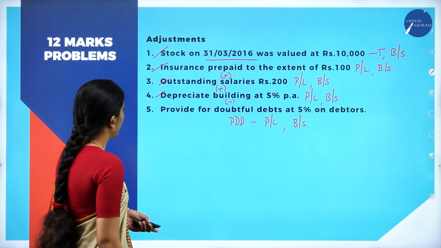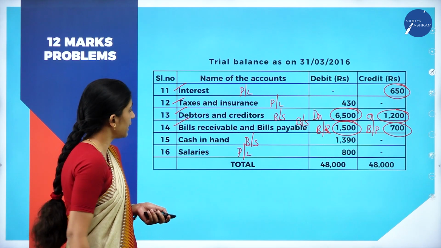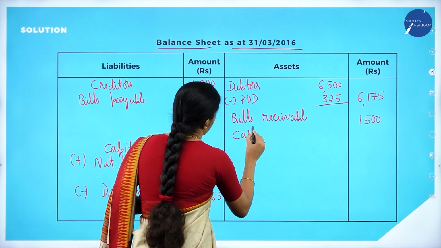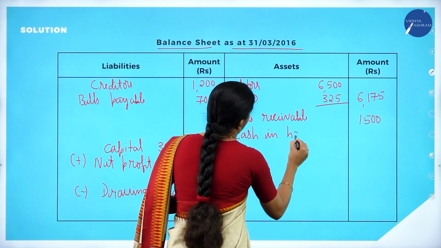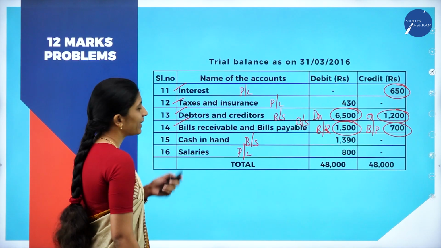Next, cash in hand 1,390. Cash in hand is an asset, 1,390. So we are done with the trial balance.